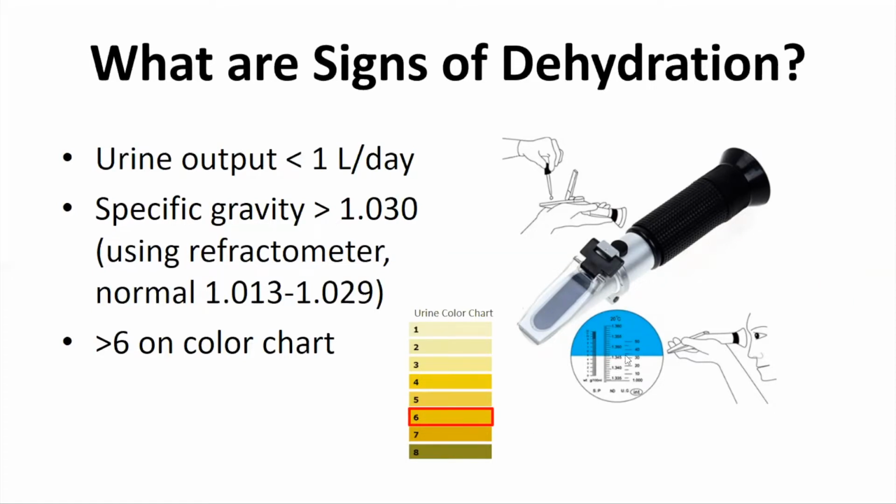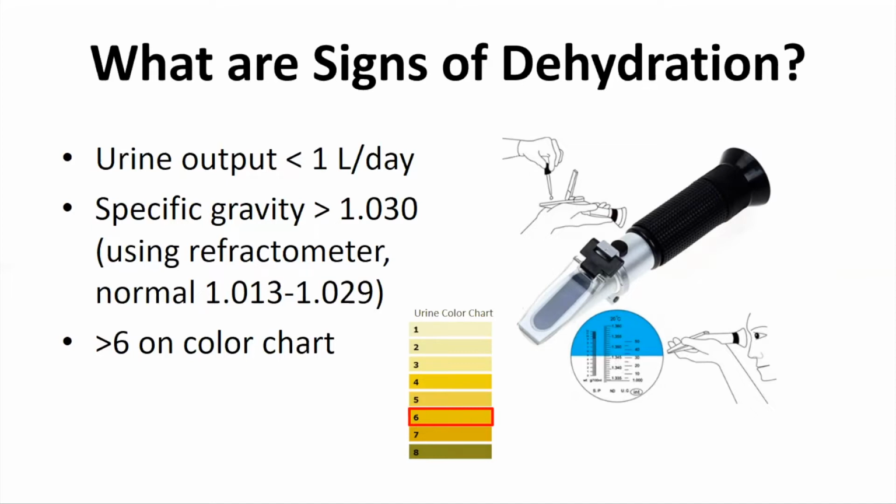So if you see this line here, it says 30. If it looks like this, the sample would state that this individual is dehydrated. So if you see this number 30, anything greater or above this would signal dehydration. Anything a line lower than here would indicate that the individual is hydrated.